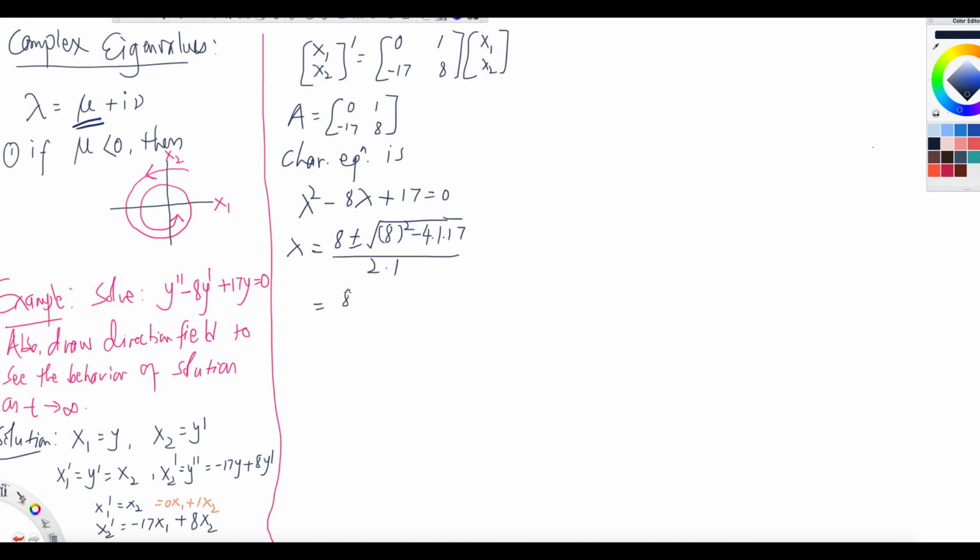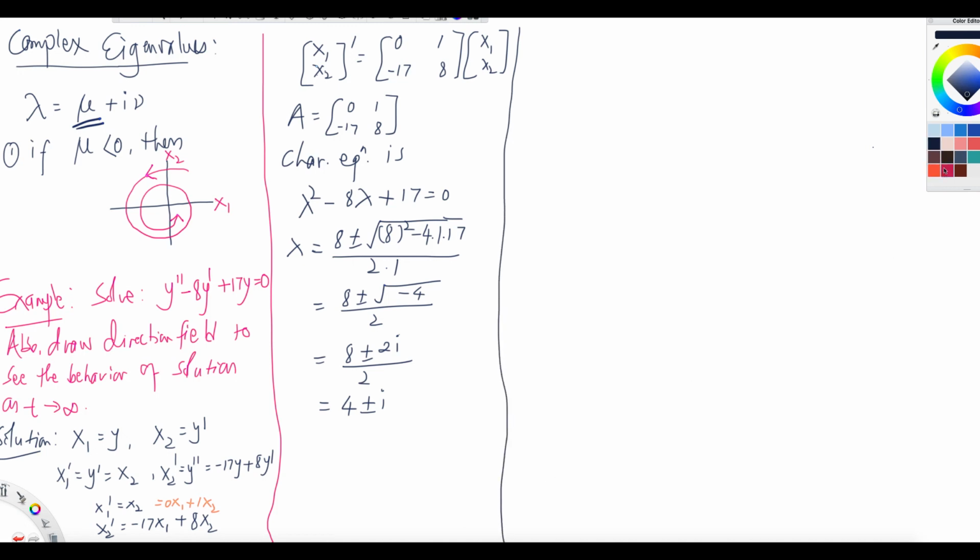Okay, so it is 8 plus minus, how much is that? 8 squared is 64 minus 4ac, so 4 times 1 is 4 times 17 is 68. 64 minus 68 is negative 4. Divide by 2. So what you get is 8 plus minus 2i over 2, because there is a negative number under the root, right? So if you simplify this, you will get 4 plus minus i. So 4 plus i and 4 minus i are the two eigenvalues, right?